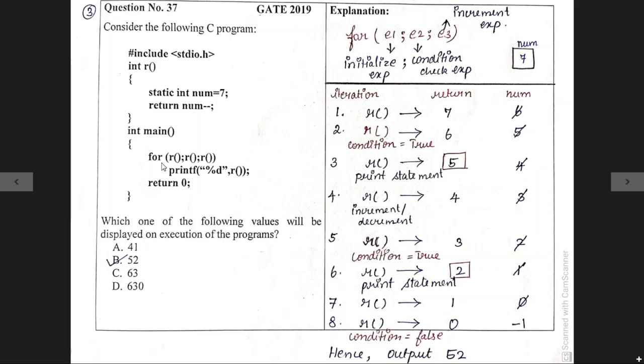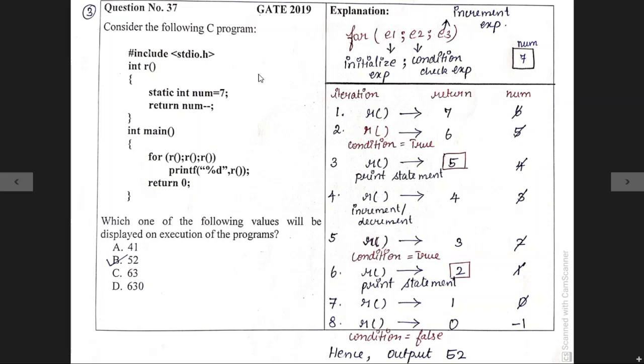Before going to explain the statement, initially a for loop contains three expressions. One is the initialization expression, next one is the condition check expression, and final one is the increment or decrement expression. In a for loop, there is a sequence point after every expression statement.